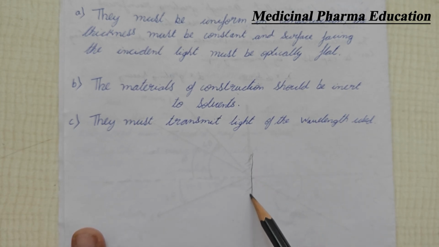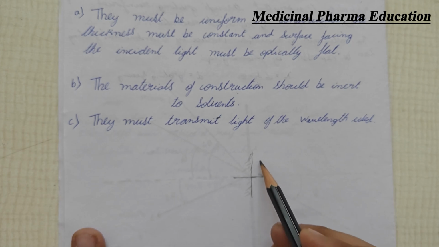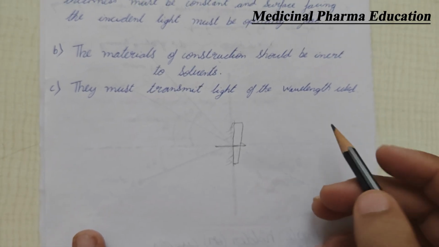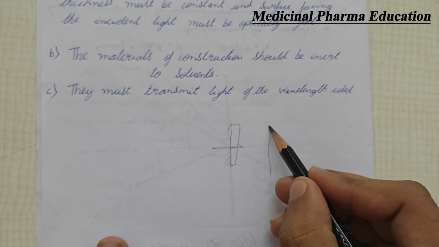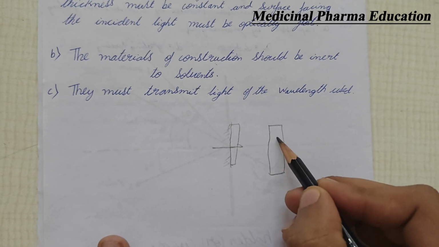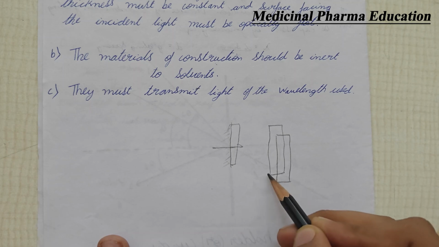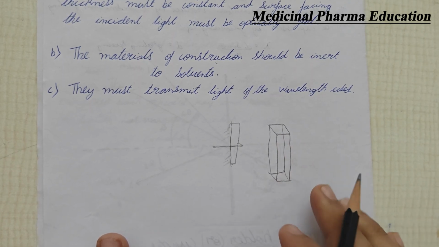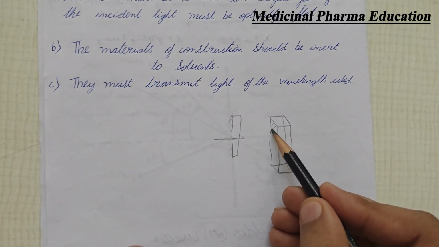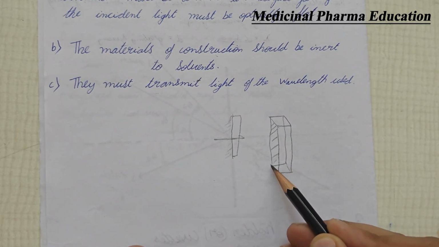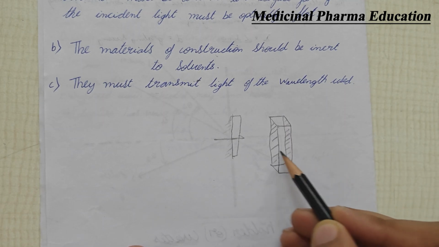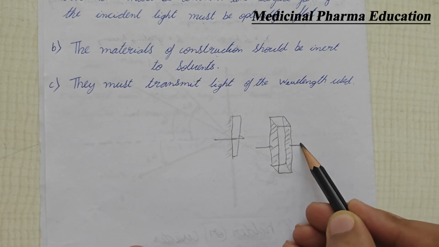It should allow the light to pass, and the opposite side, if this is the cuvette, wait, I'll just draw the diagram of the cuvette. This is a rectangular cuvette. This surface should be transparent, the surface through which light is passed and comes out.